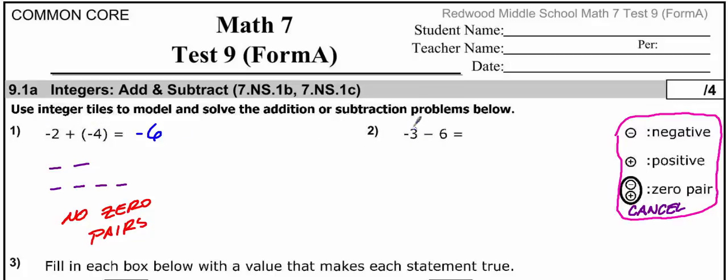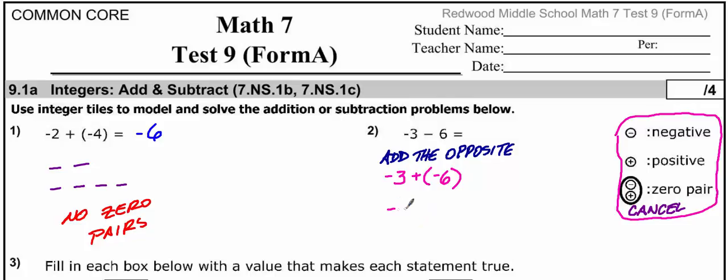On to number 2. We talked about anytime we have subtraction, we are going to add the opposite. When we change this to an add-the-opposite problem, it allows us to use the same rules we used for number 1. So we have 3 negatives, and instead of subtraction, we go to addition, and instead of positive 6, we have negative 6.